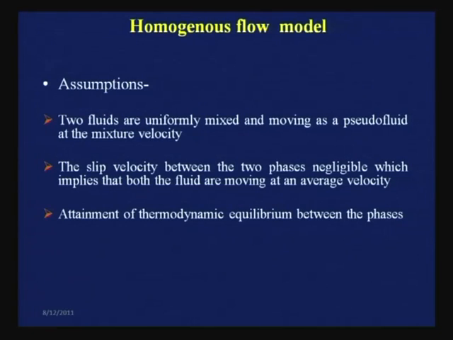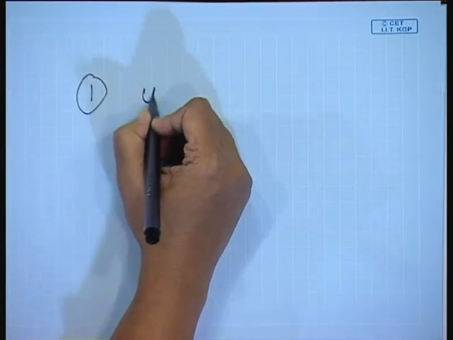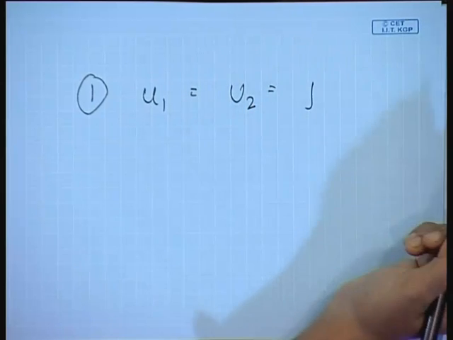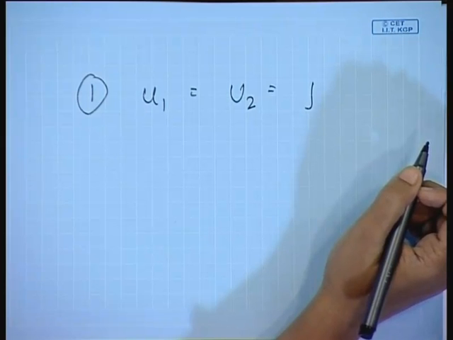The first thing is that the two fluids are moving at the same velocity, which is the mixture velocity. In other words, u1 equals u2 equals j. Agreed? This is the first thing that it implies.